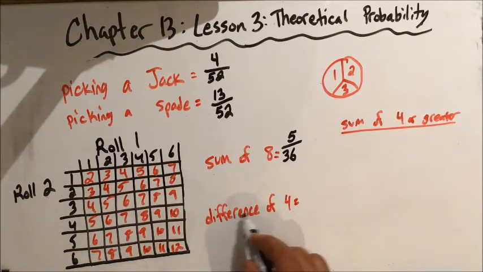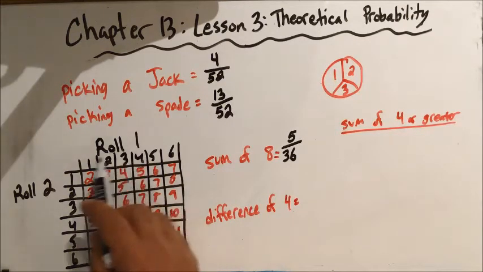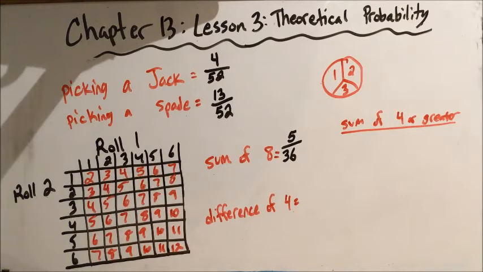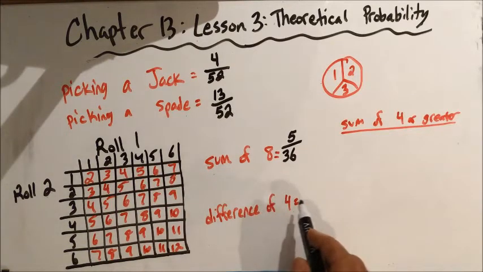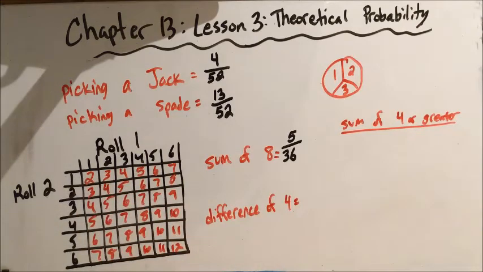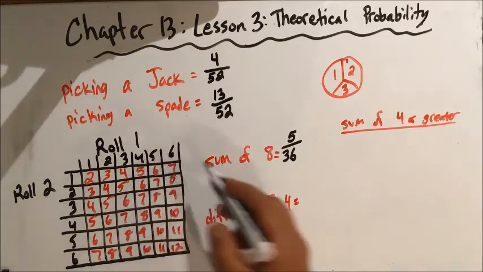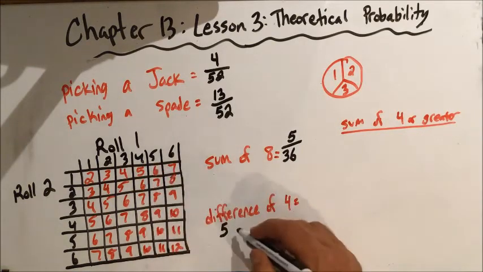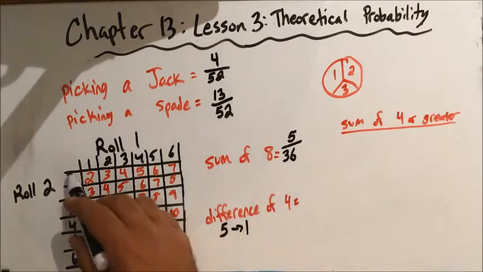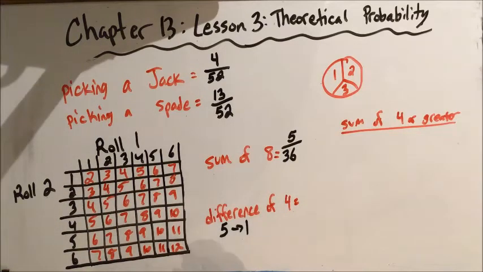Now, if I wanted to know a difference of 4, that means the amount on the first die would have a difference of 4 from the amount on the second die. So how can I achieve that? If I rolled a 5 on the first die, I would have to roll a 1 on the second die, because 5 minus 1 is 4. If I rolled a 6, I can roll a 2, and then vice versa.